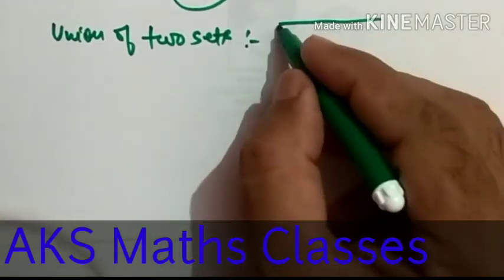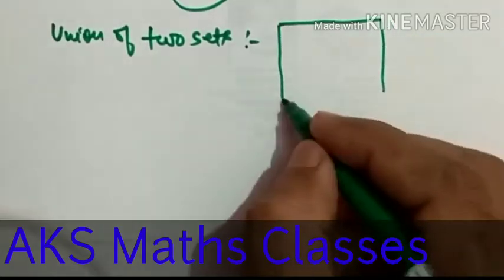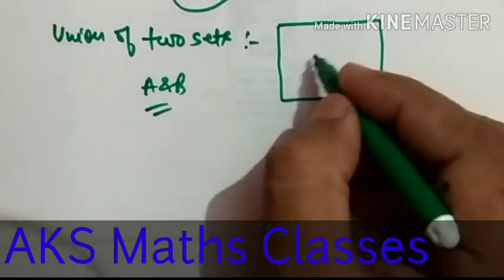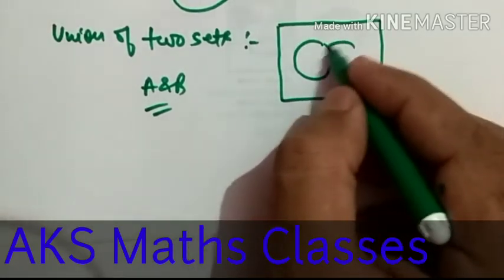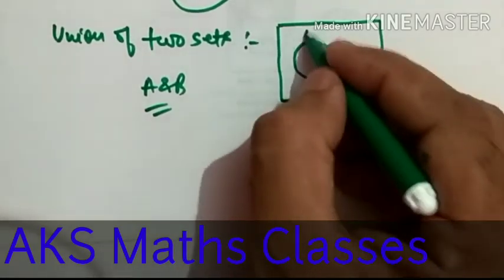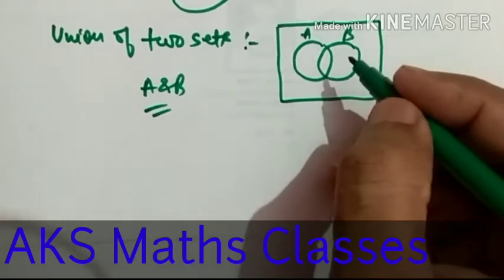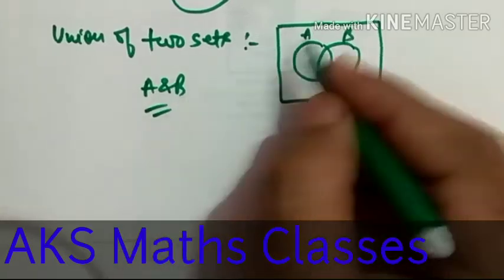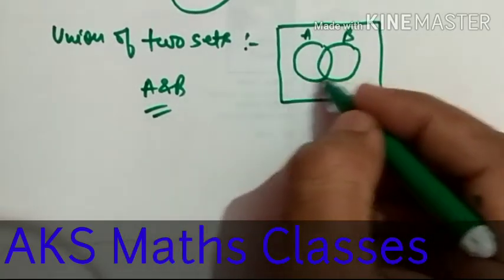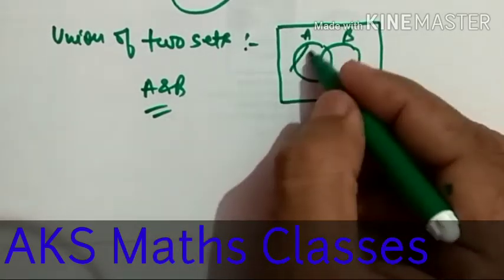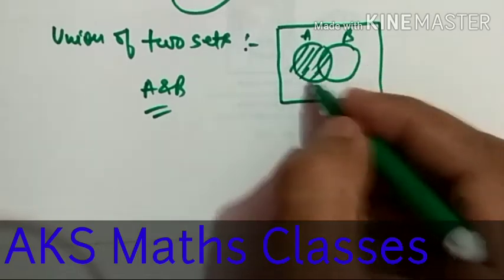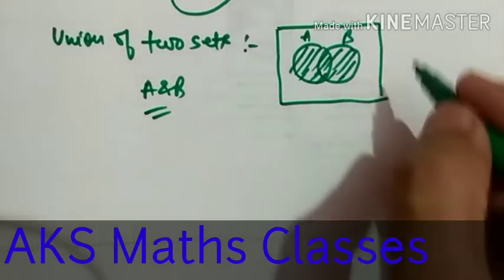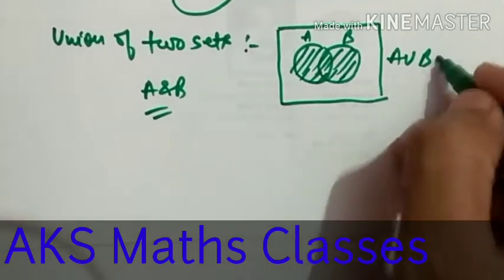We draw this rectangle, and suppose we have two sets, A and B. So this is set A and this is set B, and we denote the concept by the shade. A union B means all the elements which are in A and B. So this is the whole portion. We will give the shade here. Clear now? So this condition represents A union B.